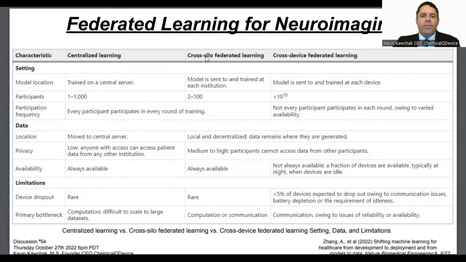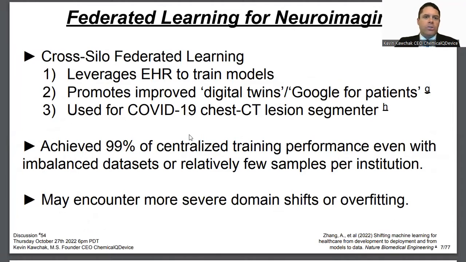With the cross-silo and cross-device FL, this is where you're training models on patient data on site, and then you're sending them up to the cloud, and then this iterative model keeps on forming. So it's important to realize that none is perfect. Obviously, there's been somewhat of a push for this federated learning in recent years.